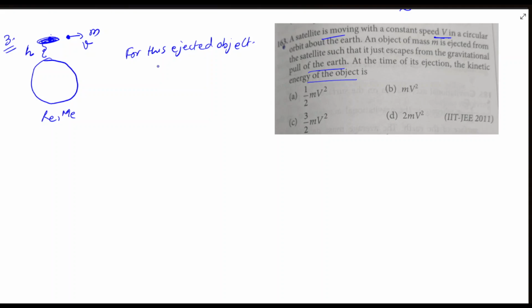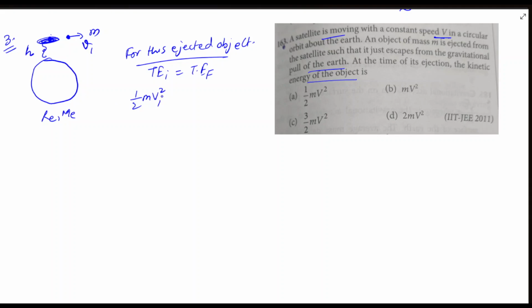let's write the energy conservation. So total energy initial is equal to total energy final. So this is quite simple. We have half mv square, okay, this is v dash, let's say v1.